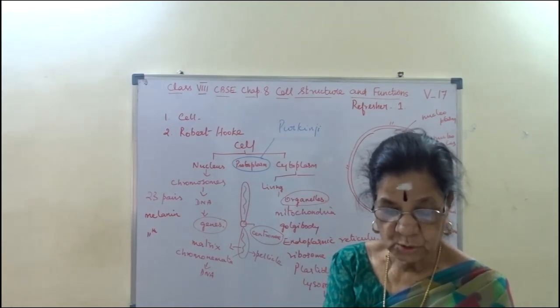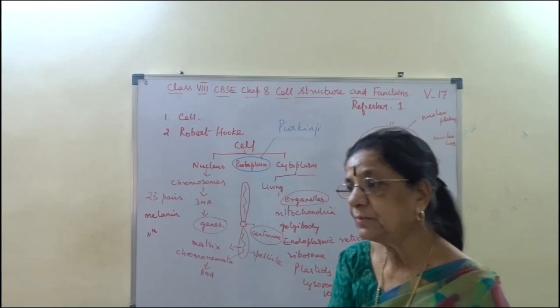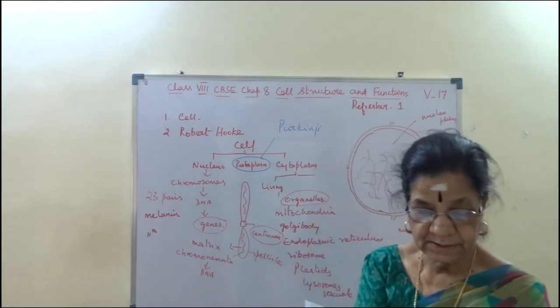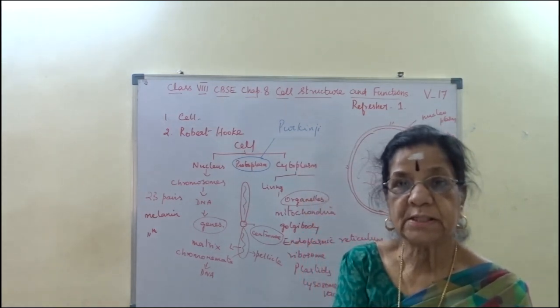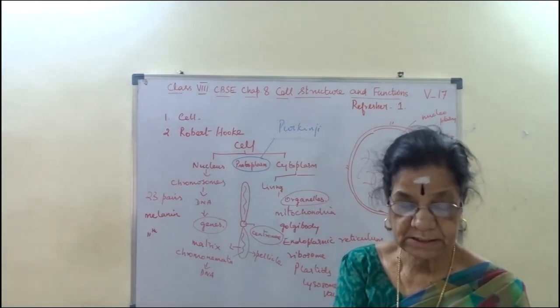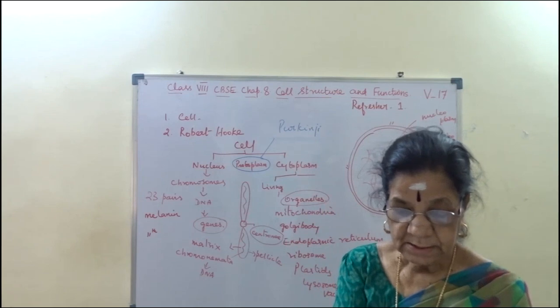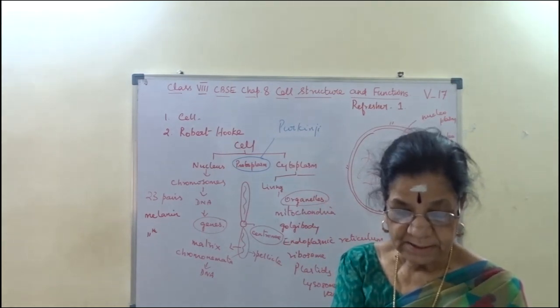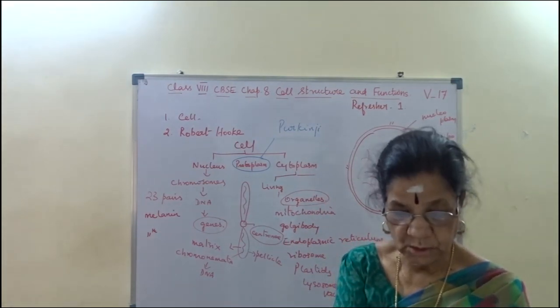The backbone of the spiral DNA is formed of sugar and phosphate molecules. The sugar is deoxyribose sugar. The nitrogenous bases are attached to the sugar molecule.